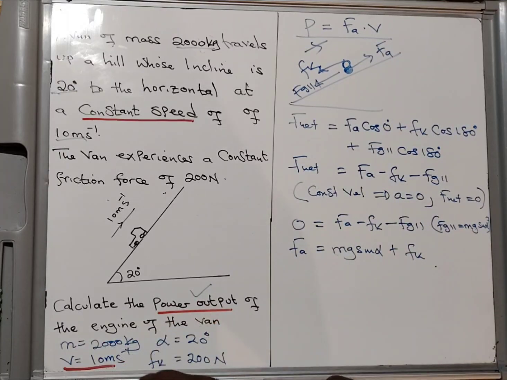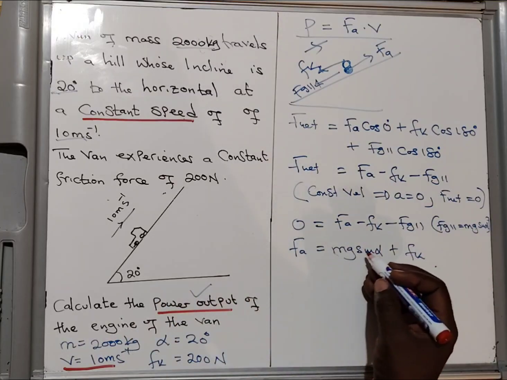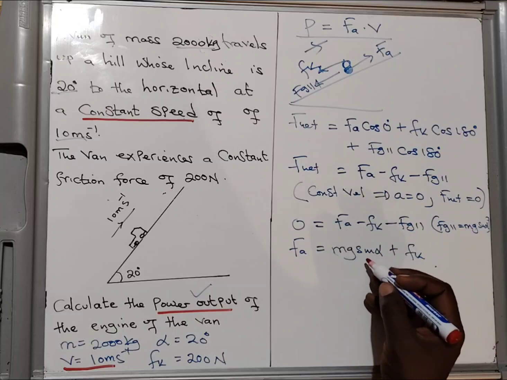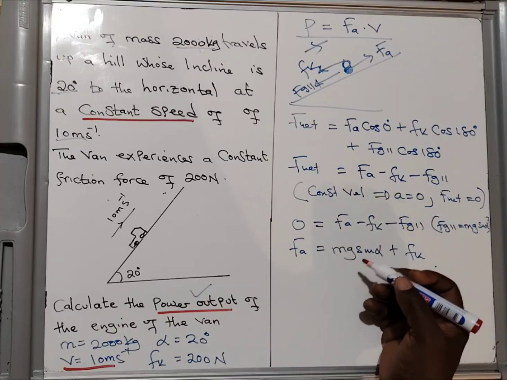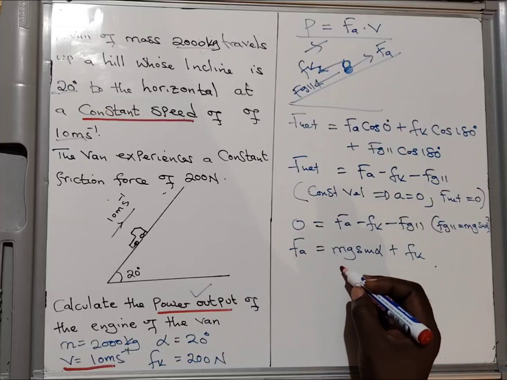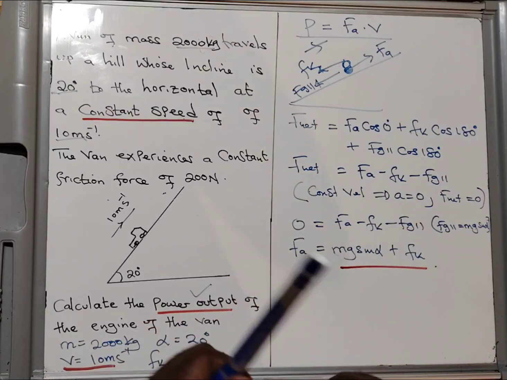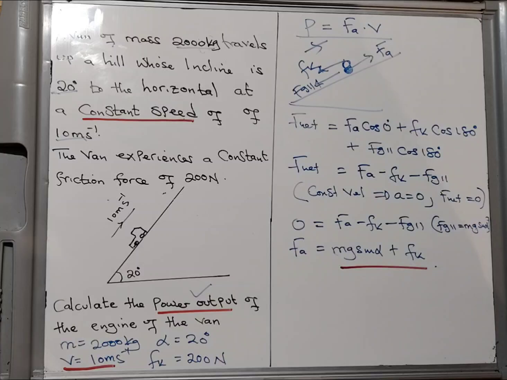So when you reach this level, what do we do? You check for what you have. Remember, we are looking for this. Do I have mass? Yes. G is constant. We know alpha. We know Fk. So everything here is known. What is pending is substitution.